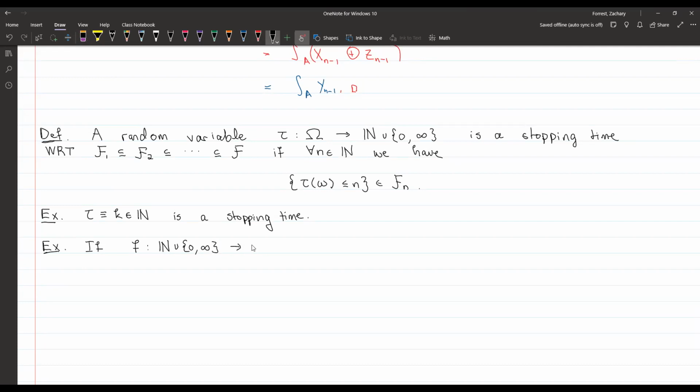So if it maps natural numbers union 0, infinity back into itself, is non-decreasing, and if f of, let's say, m is always greater than or equal to m, and tau is a stopping time.